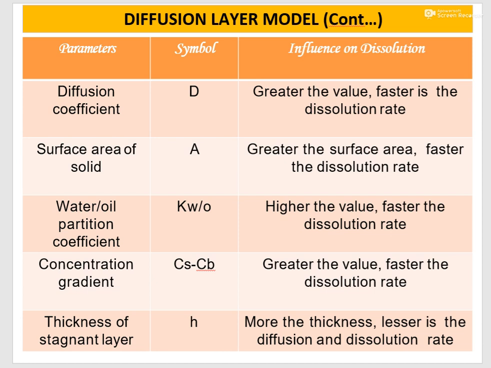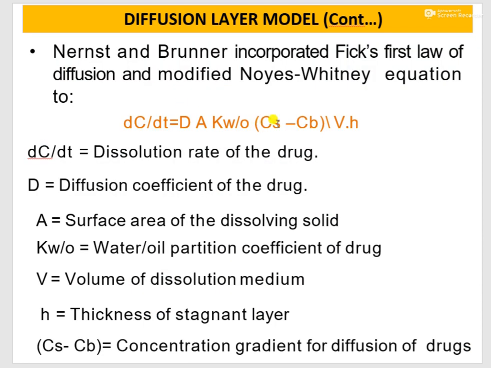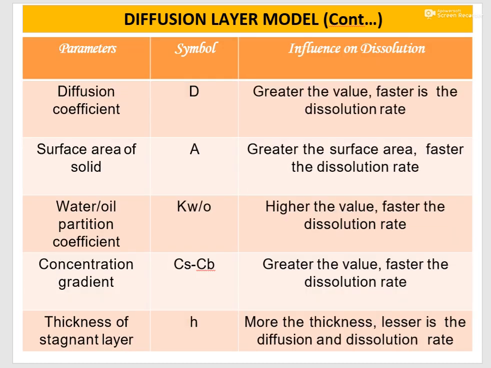Now we will see the influence of each parameter on the dissolution. Diffusion coefficient D: if the value of D is greater, faster will be the dissolution rate because D is proportional to dissolution rate. Surface area of solid A: greater the surface area, faster will be the dissolution rate.